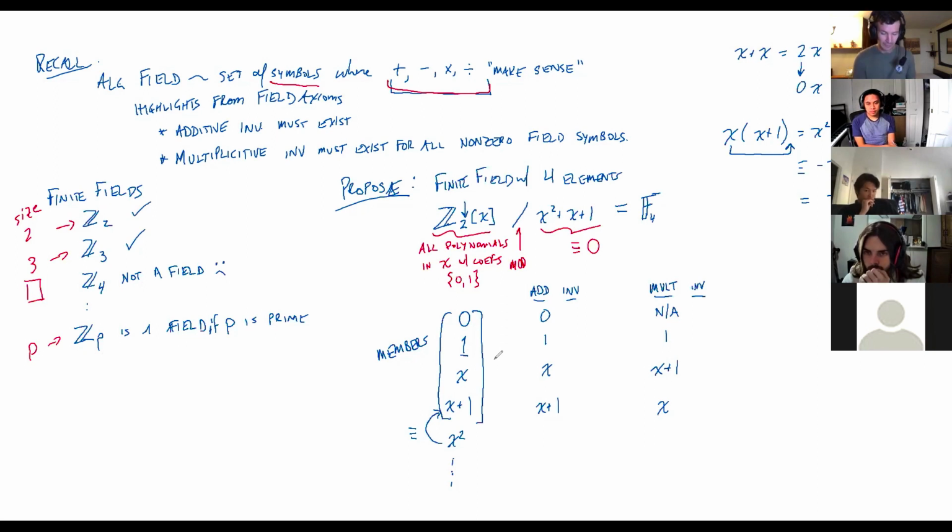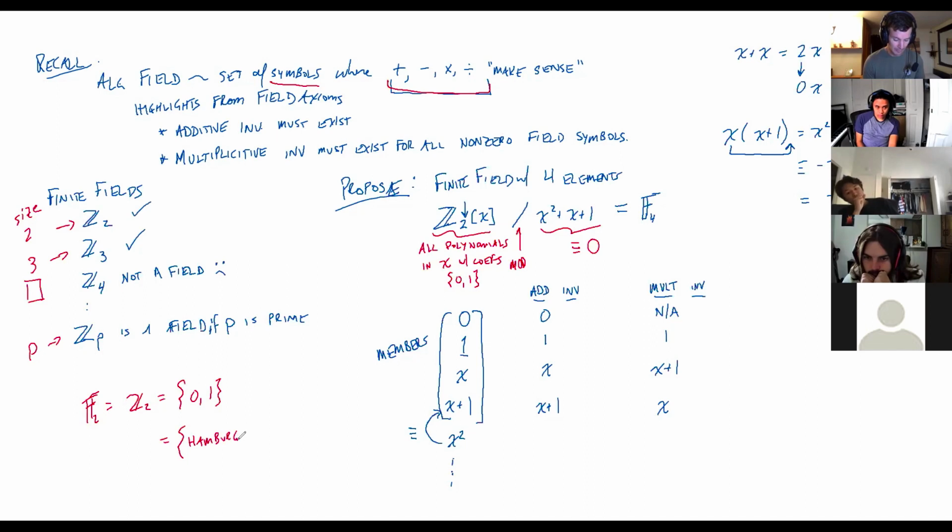The flippant way of saying this is that the field of size 2, which we've established is the integers mod 2, a set 0, 1 with plus and minus and times and division regularly applied, there's nothing forcing us to call this 0, 1. It could be hamburger and hot dog. It's just two things. And as long as I define what hamburger plus hot dog is, and hot dog plus hot dog, et cetera, then I have a field.